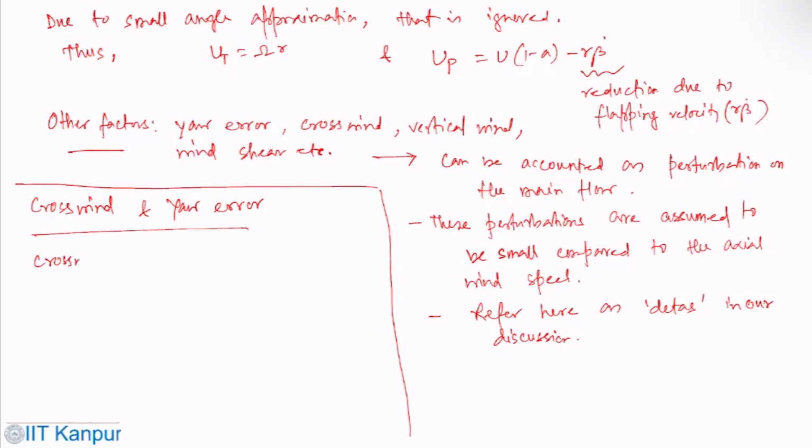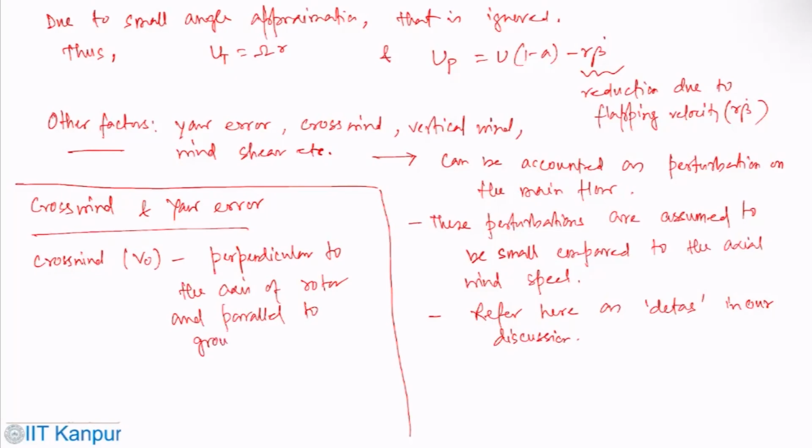So crosswind, which is V naught, that is perpendicular to the axis of rotor and parallel to ground.